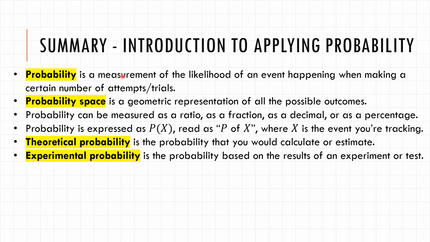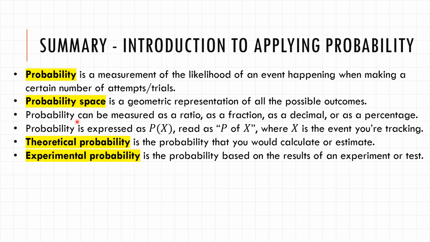Probability is a way that we measure the likelihood of an event happening when we're making a certain number of attempts or trials. A probability space is a geometric representation of all the different possible outcomes. Probability can be expressed and measured as a ratio, a fraction, a decimal, or a percentage.